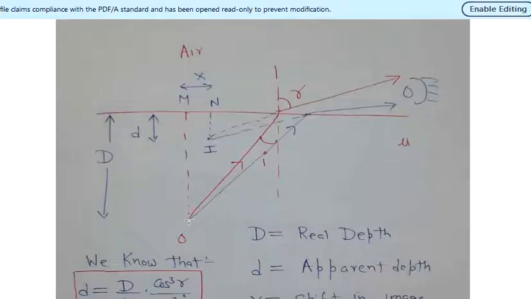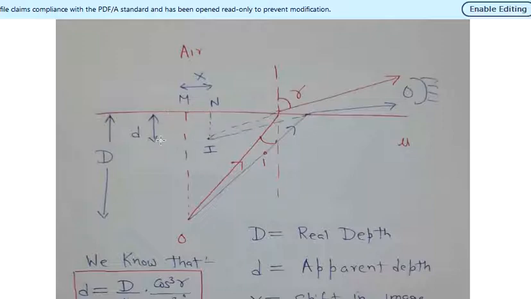Object is in the medium at point O. The depth of the object is capital D, and this is the observer, such that rays travelling at an angle of incidence I get refracted at an angle of refraction R to be seen by the observer. Now if we take another ray at an angle I plus dI, it will get refracted at an angle R plus dR, and producing these two rays backwards, the image will be formed at point I.